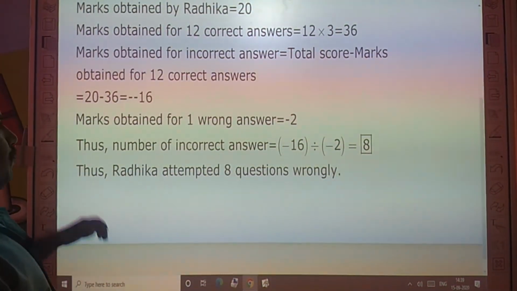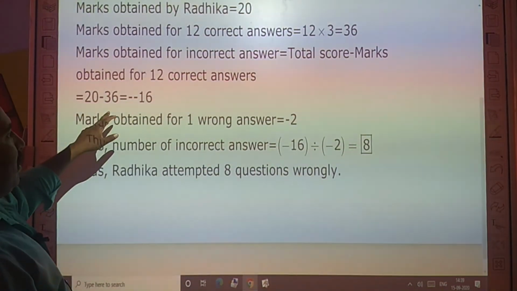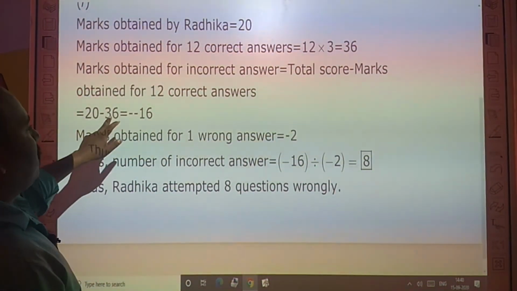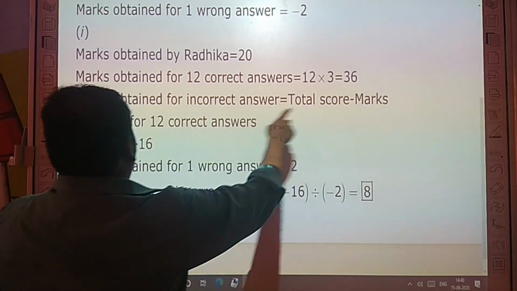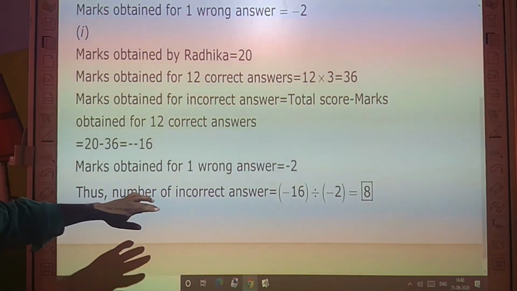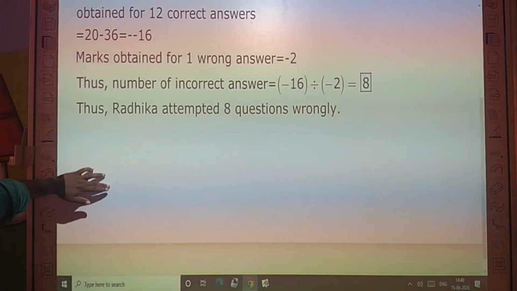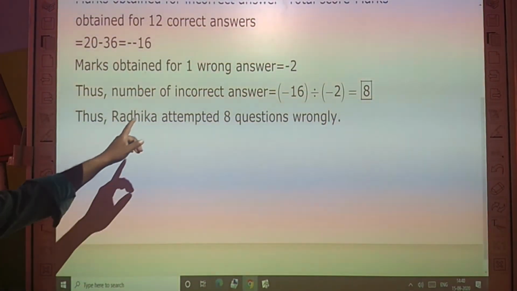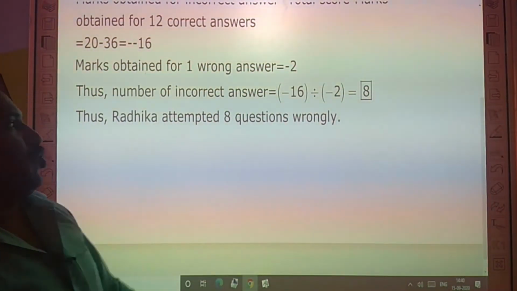Total marks is equal to 20, and then minus the 12 correct answers' marks, which is 36. 20 minus 36 is equal to minus 16. Marks obtained for one wrong answer is equal to minus 2.